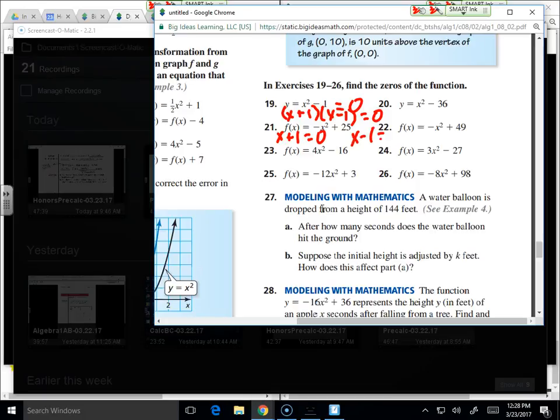Then you could just solve it real quick and x is going to equal positive 1 and negative 1. It's the method to solving. So you would subtract the 1, subtract the 1, add the 1, add the 1. x equals 1, x equals -1.